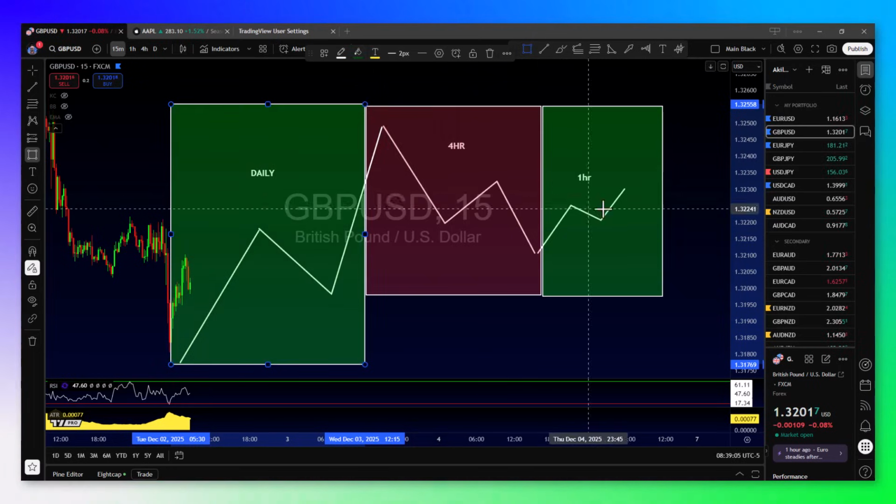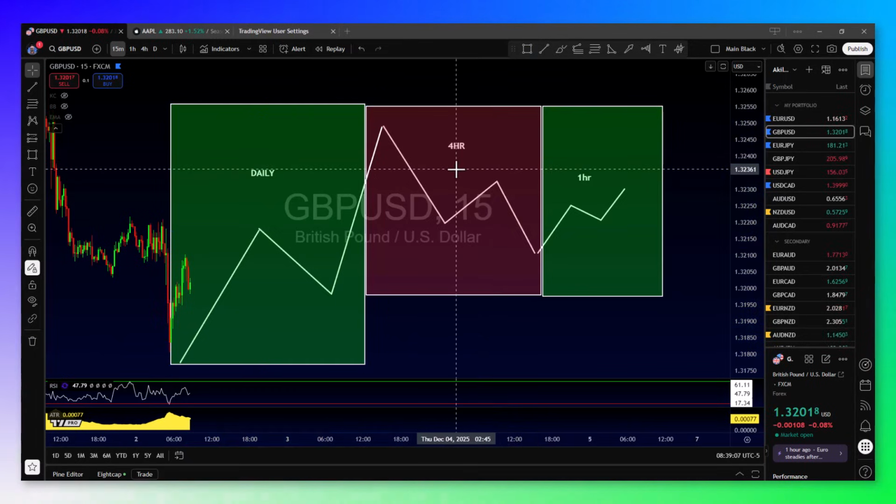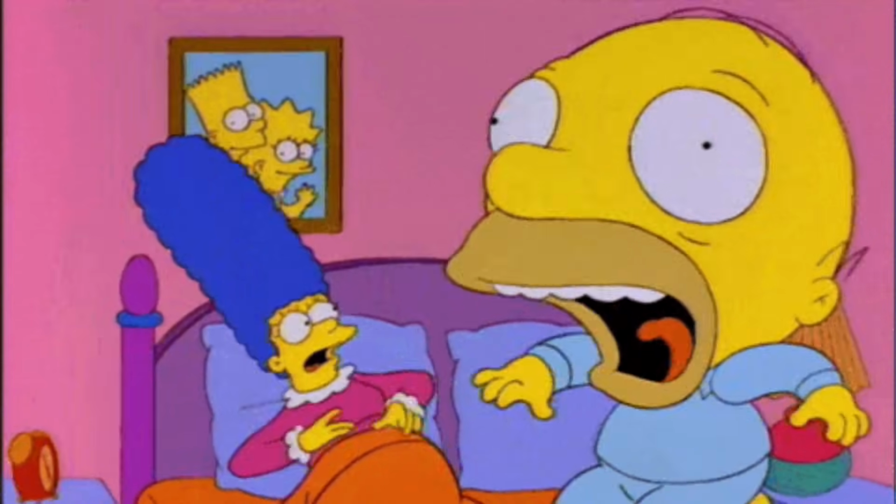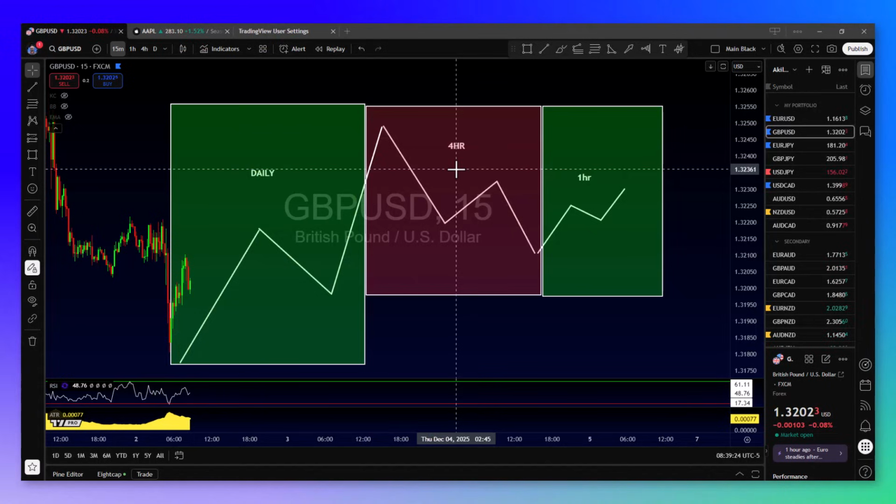But then you go up a little bit and you see that, oh my gosh, okay, then that's not a bullish trend. It's only a pullback within a bigger bearish trend on the 4-hour. But then you go up again, you're like, oh my gosh, that 4-hour trend was only a smaller pullback in a bigger bullish trend on the daily, which means the hourly, a bullish trend within a bearish trend within a bigger bull, and then your brain explodes, right?